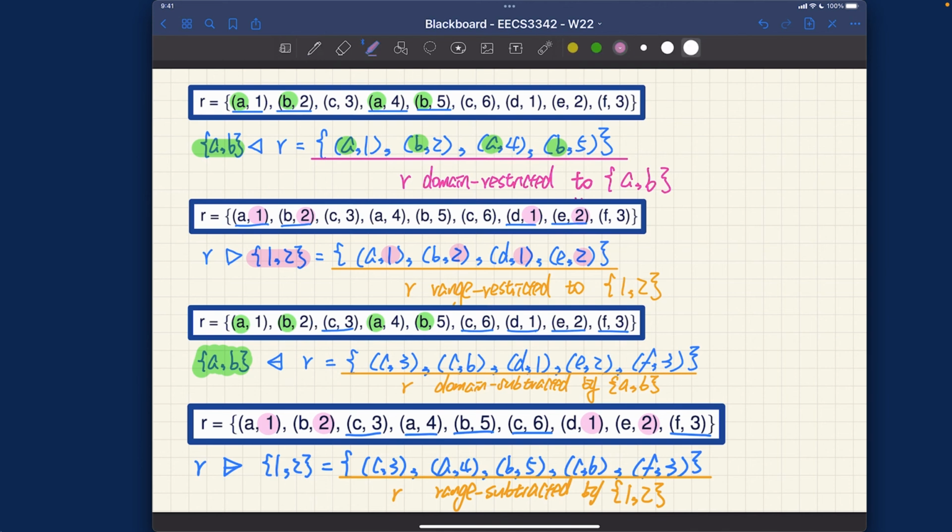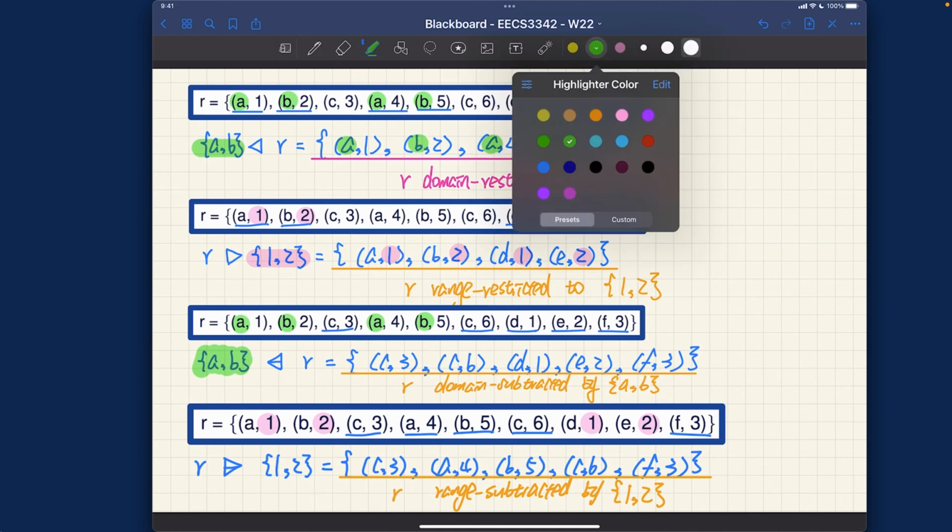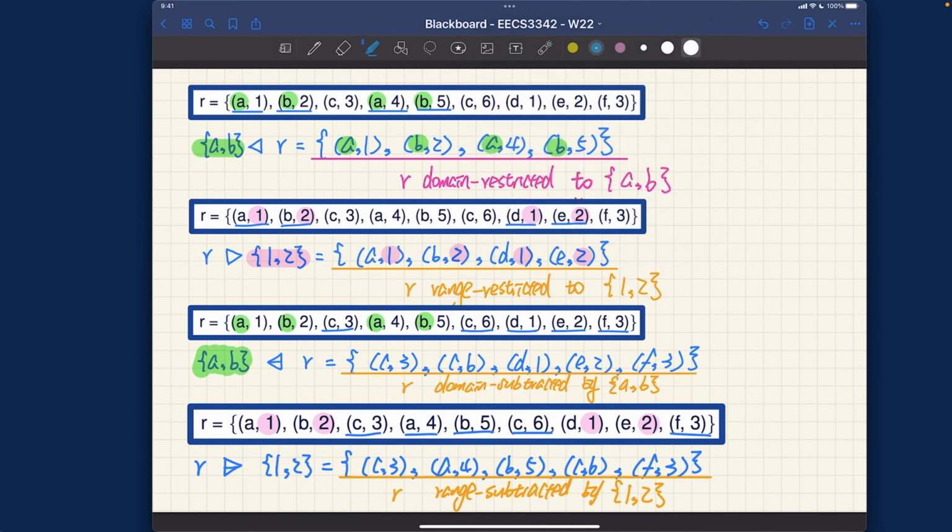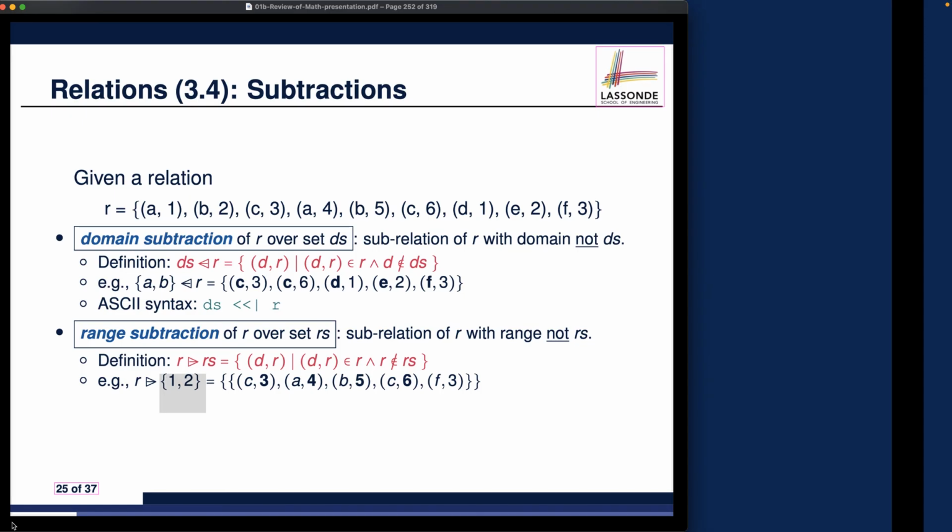Let me just remind you just about the symbols. It is so important to know how to write the symbols, right? Domain restriction, range restriction, domain subtraction, and range subtraction. So these are the 4 operations that we have just demonstrated to you. Review them and make sure how to operate on them.